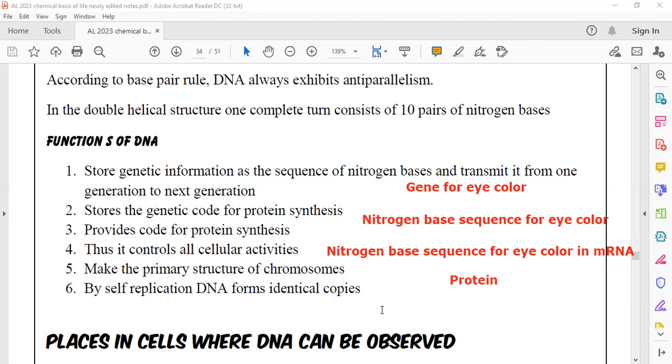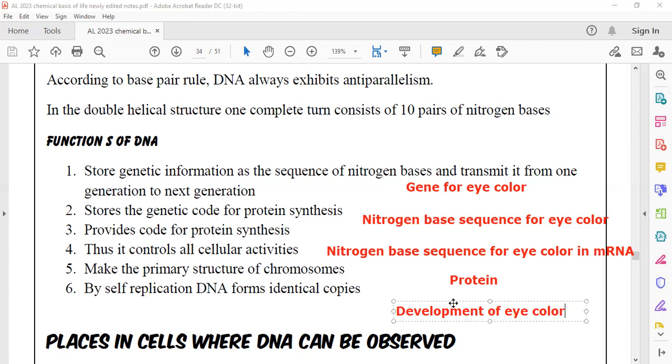This protein develops the eye color. So the component that directly develops the eye color is the protein.